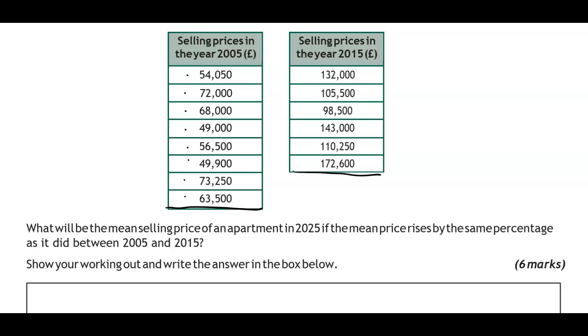So adding all of these together, we get 486,200. So dividing this by 8 gives us £60,775.